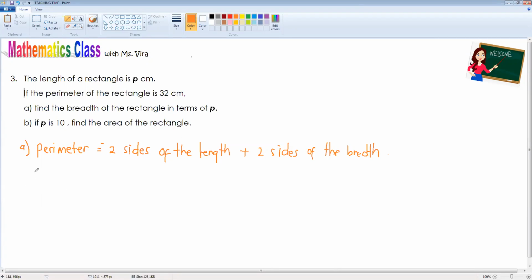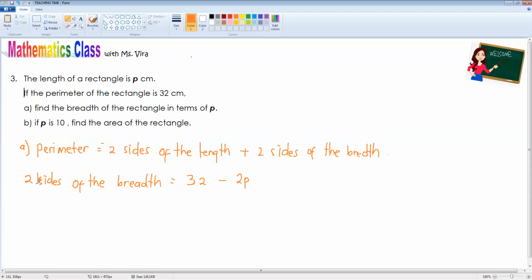So to get two sides of the breadth, it is perimeter minus two sides of the length, which is 32 centimeter minus 2 times p, which is 2p.